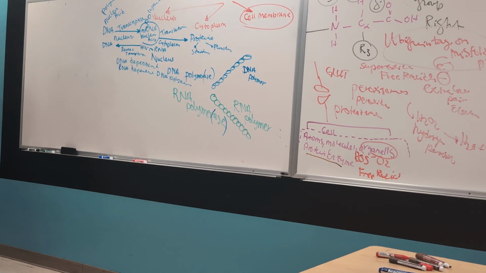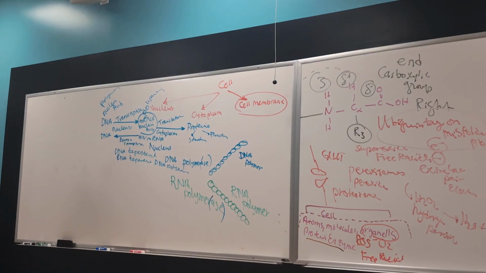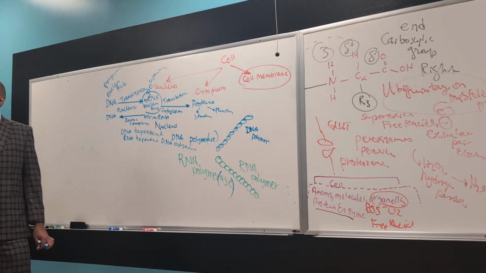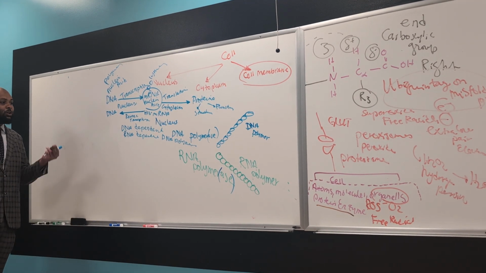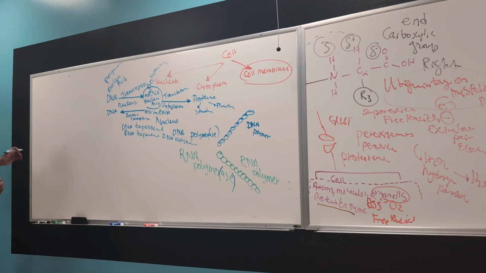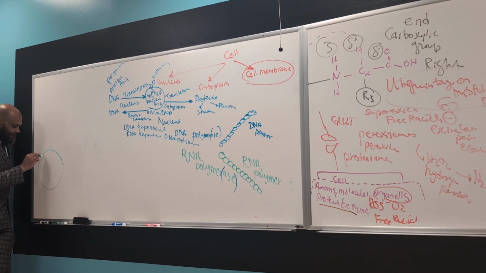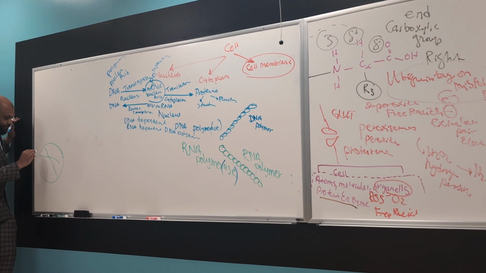So a cell, a skeletal muscle cell, a nerve cell, a liver cell, is different because of the polymerase it has. So inside my nucleus of the frog, I have different regions.